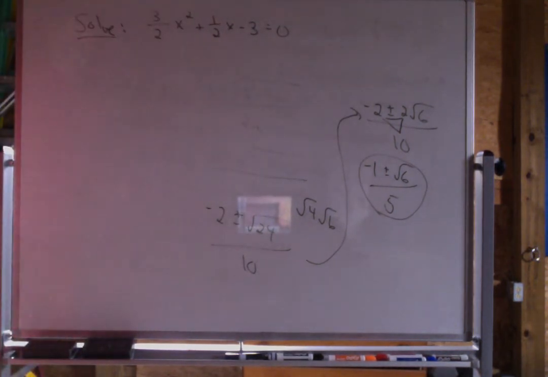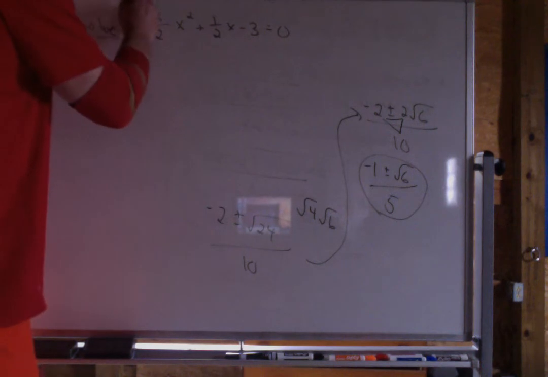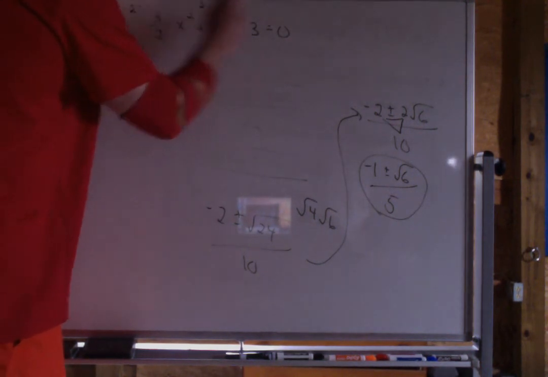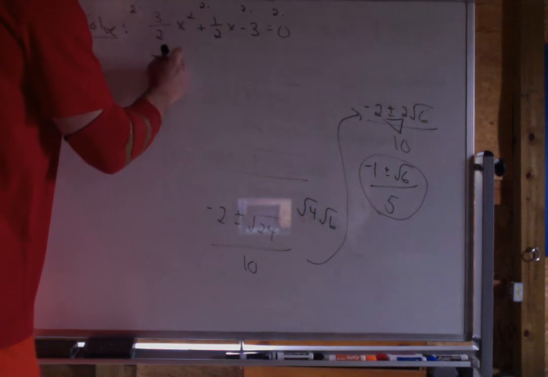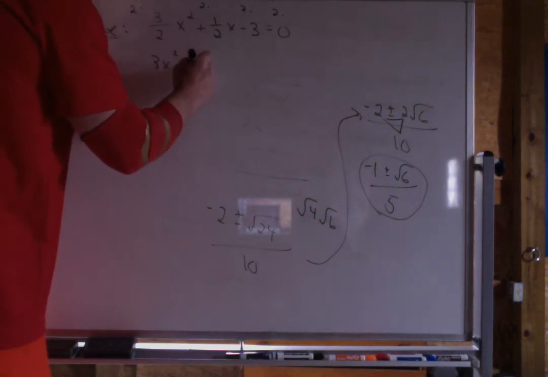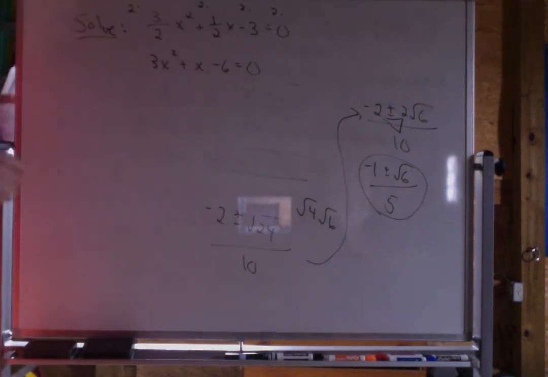I think it's easier not to work with these fractions, so I'm going to multiply everything by the LCD. The only denominator we have is 2, so I'm going to multiply everything by 2. Rules of equations: 2 times everything, don't forget my 3. So I'll have 3x squared when I multiply it, plus 1x, or x, minus 6 equals 0.